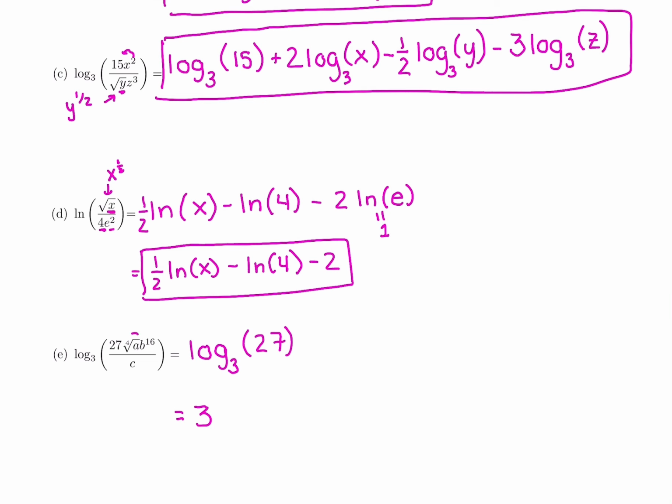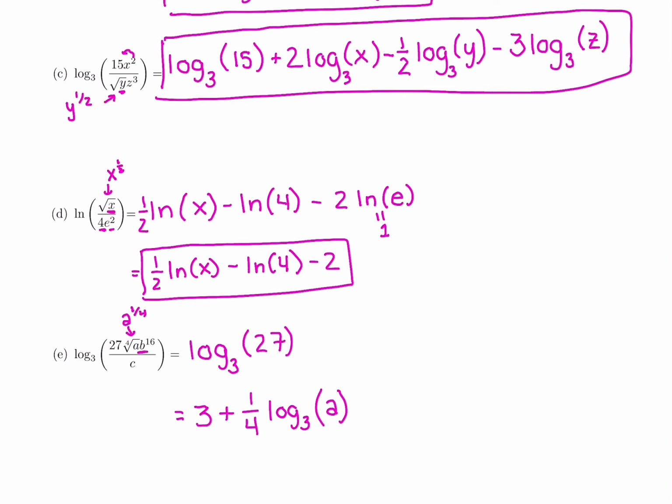The next thing I have is it's multiplied by the 4th root of a. So since it's in the top, we're going to add log base 3 of a. I'm going to leave myself some space for that power out front. So when we expand the power, it gets multiplied out front. So we have a under a 4th root, which is really a to the 1/4. So we have 1/4 log base 3 of a.